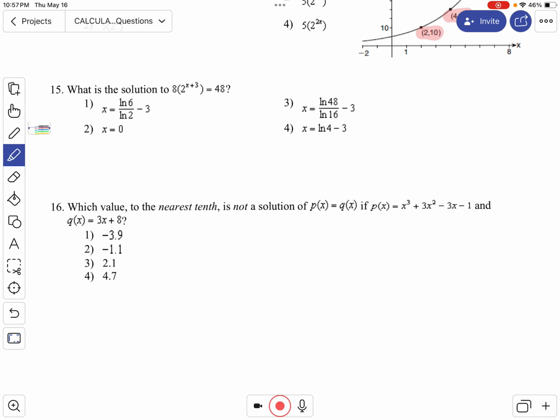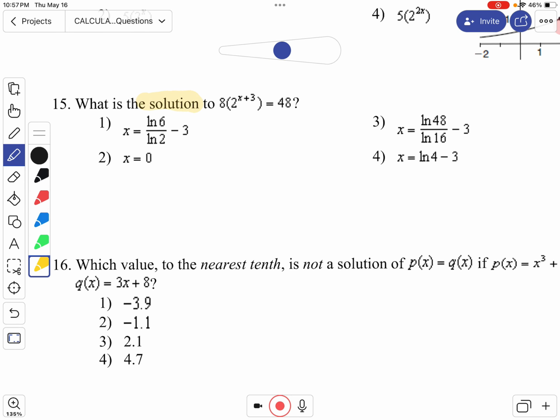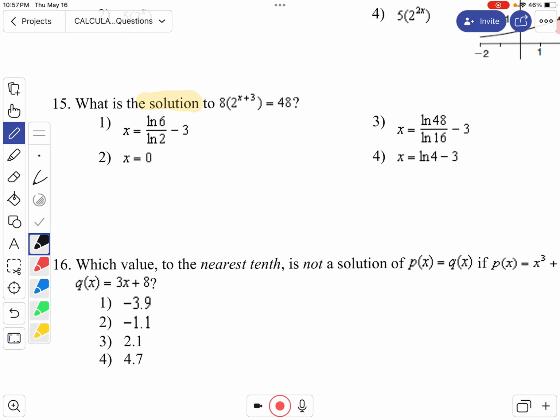All right, 2 more questions. What is the solution? Yes, if you want, you could do this using logarithms. But hey, they're telling me that one of these options is a solution. So can I store them into my calculator? Absolutely. Let's store each of these in for x.